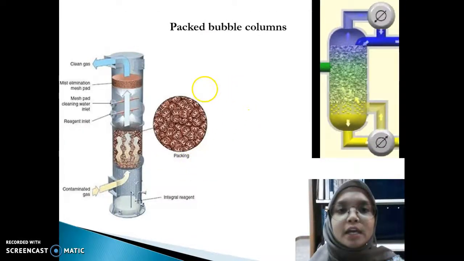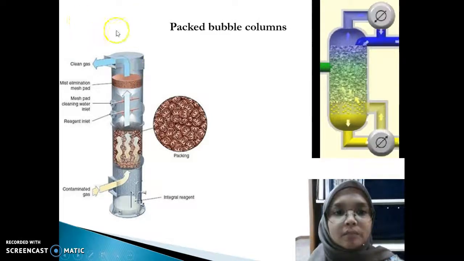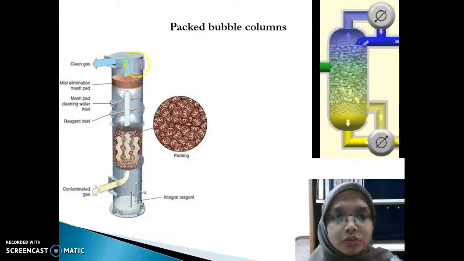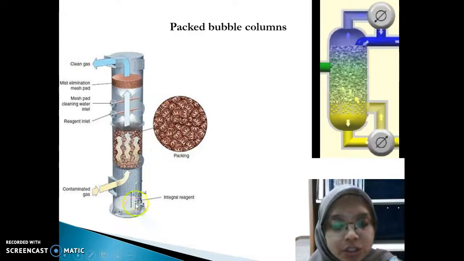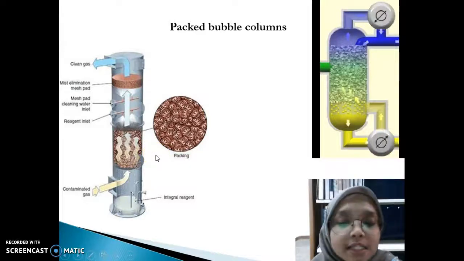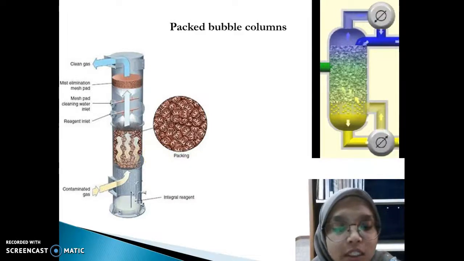The next one is the packed bubble column. The packed bubble column contains a support plate, a liquid distributor, and a mist eliminator. The liquid stream flows through a liquid distributor and down the column due to gravity. Contaminants are transferred from the vapor to the liquid due to equilibrium or kinetic mechanisms, with the packing providing contact between phases for this transfer.